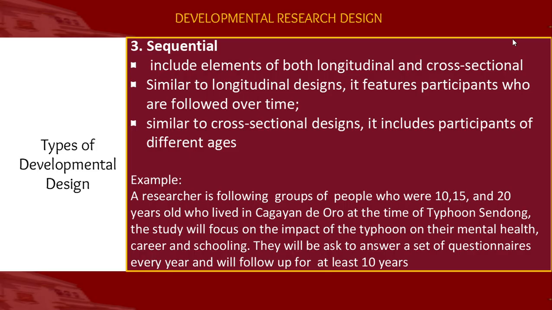It involves a long period of time to conduct a continuous or repeated gathering of data. Okay, so in summary, this developmental research design evaluates changes in relation to time. It has three types: the cross-sectional, longitudinal, and sequential research designs.